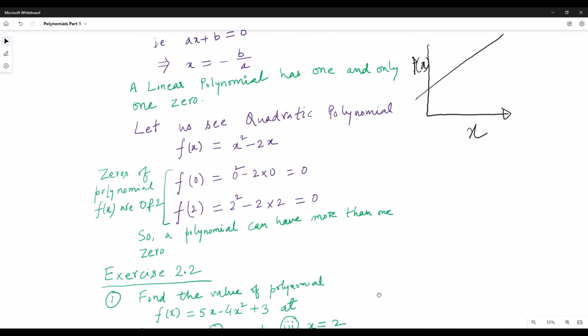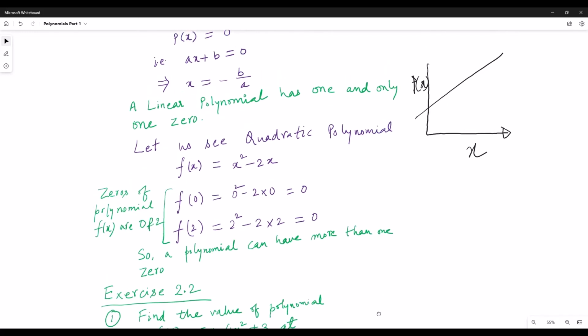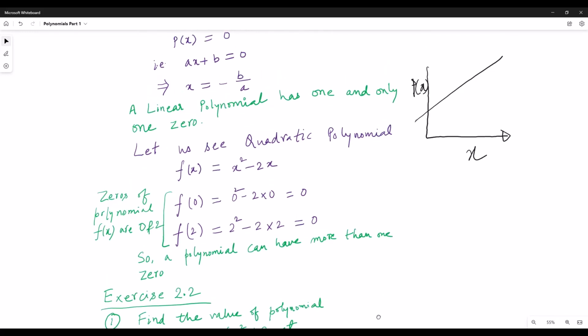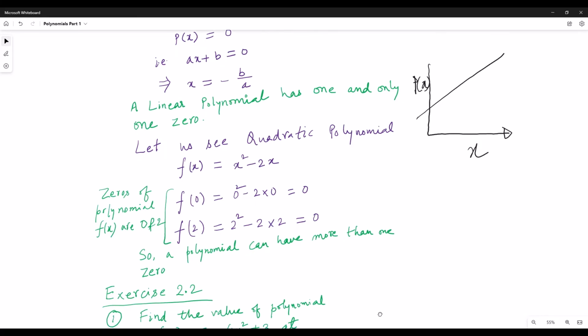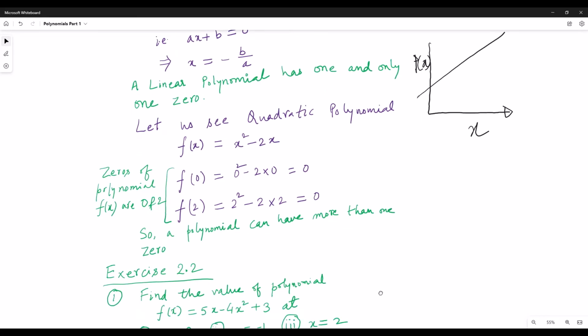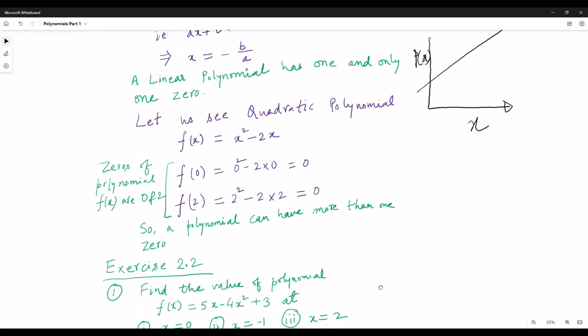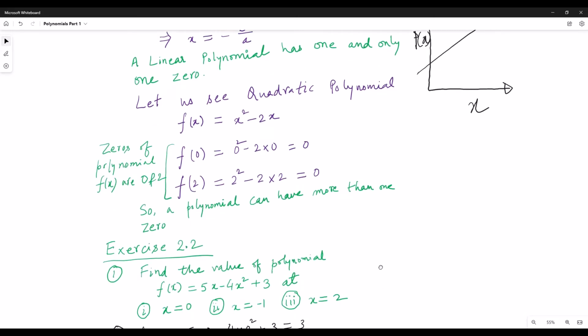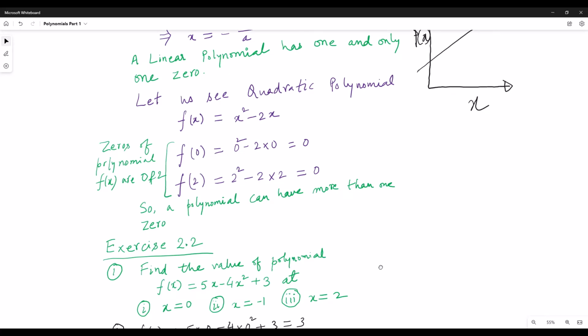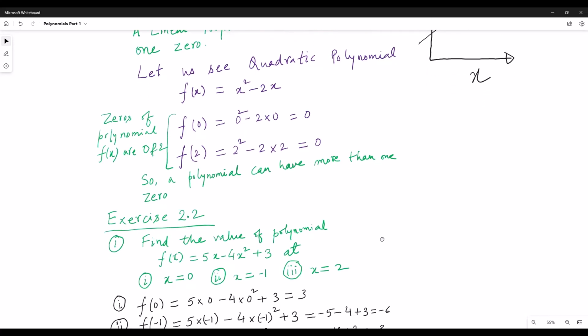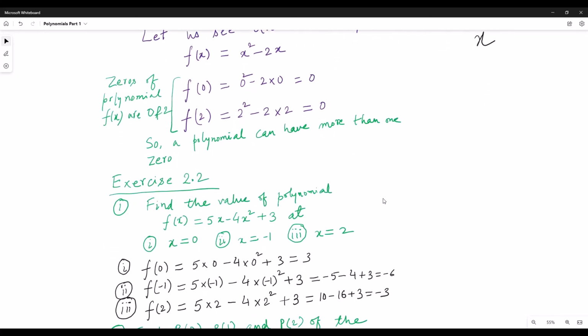Find the value of polynomial f(x). We are with the exercise here, so we need to pause, go to the exercise and do it yourself, and then come back here. Find the value of polynomial f(x) = 5x minus 4x square plus 3 at x equals 0, x equals 1, x equals minus 1 and x equals 2. So what we have to do is find the value of the polynomial at different values of x.